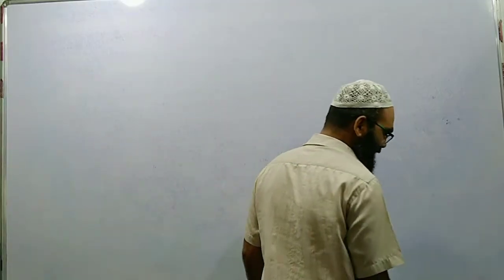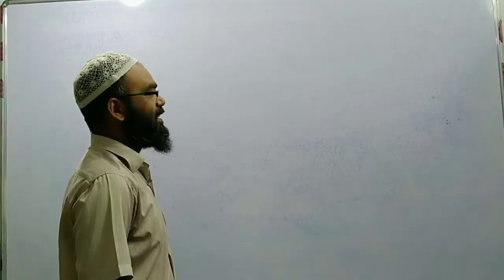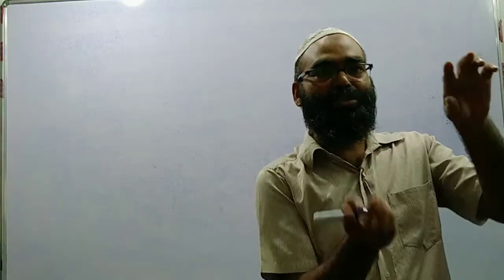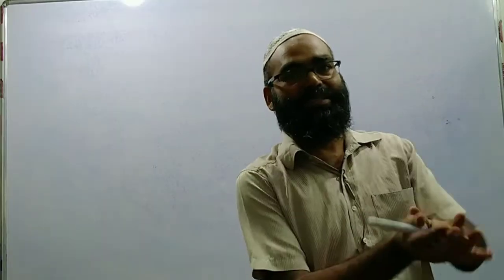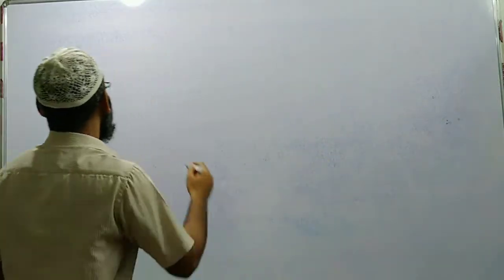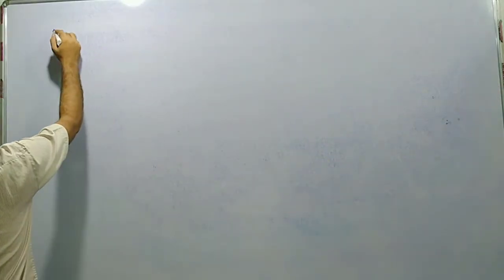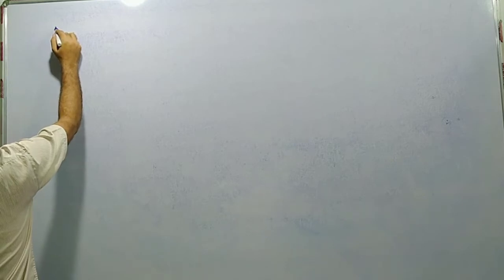Now, suppose a function is such that the graph of the function oscillates between two numbers infinitely many times. Next, graphical test number 9.